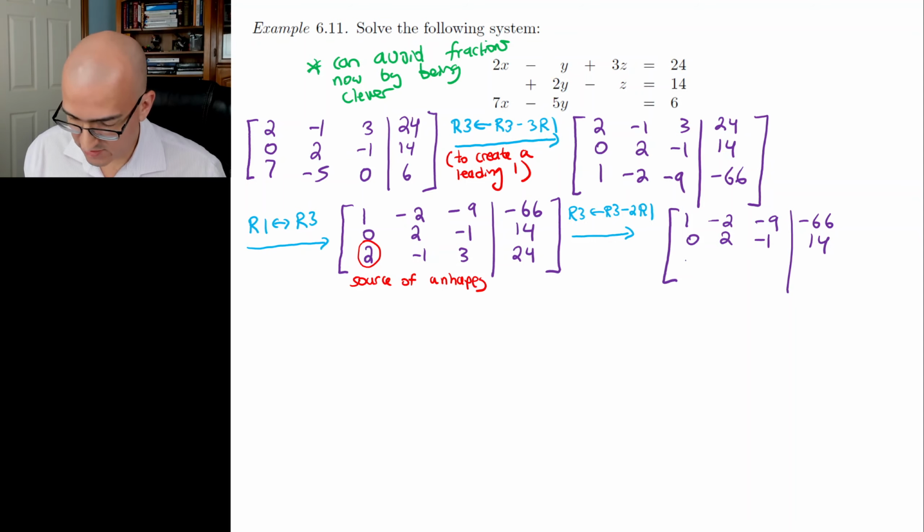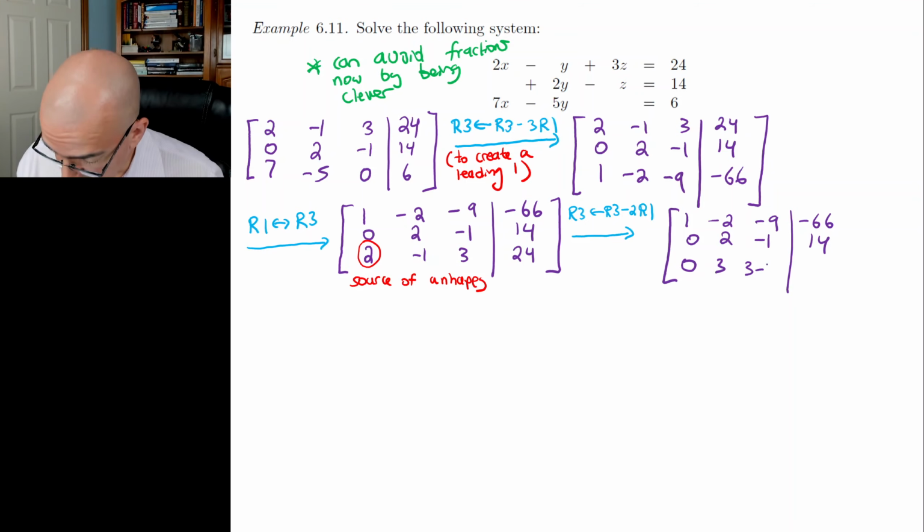2 minus 2 times 1 is 0. Negative 1 minus 2 times negative 2. So that's negative 1 plus 4, which is positive 3. Now we have 3 minus 2 times negative 9. So that's 3 plus 18, which is 21. And the last one, we have 24 minus 2 times negative 66.